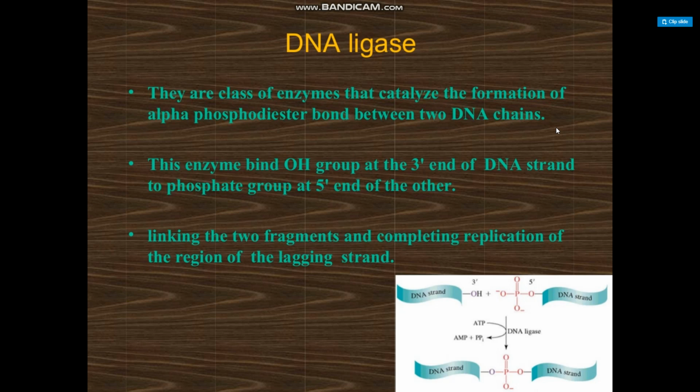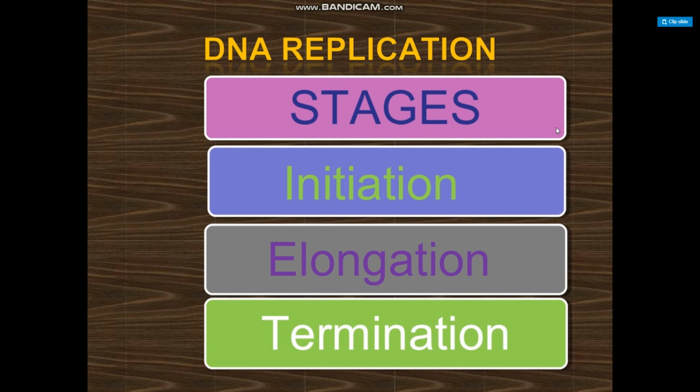DNA ligases are a class of enzymes that catalyze the formation of a phosphodiester bond between two DNA chains. The enzyme joins the hydroxyl group at the 3' end of one DNA strand to the phosphate group at the 5' end of the other, linking the two fragments and completing replication of the region of the lagging strand.